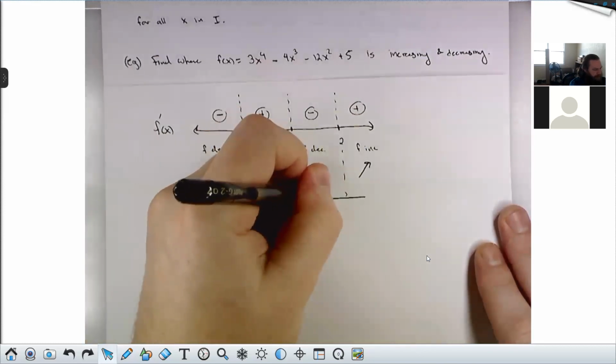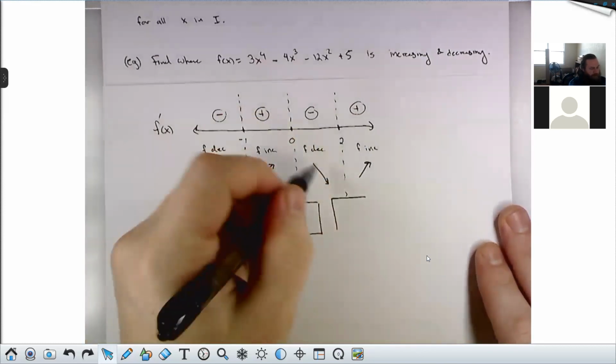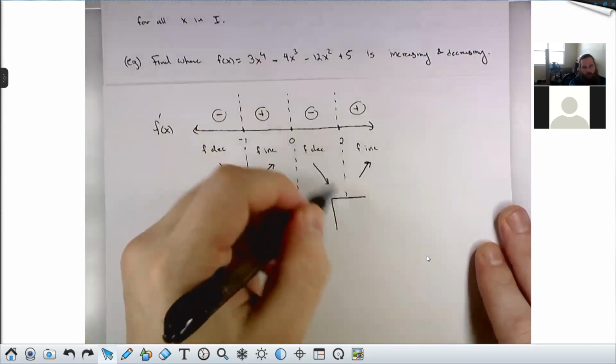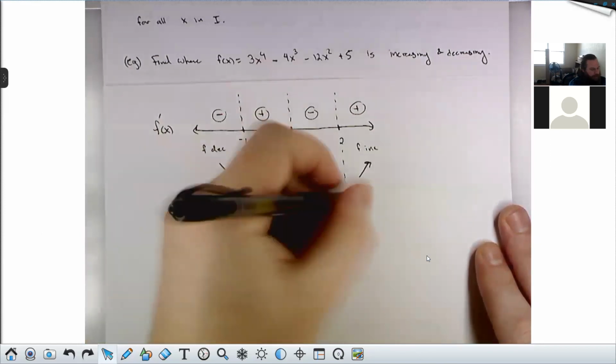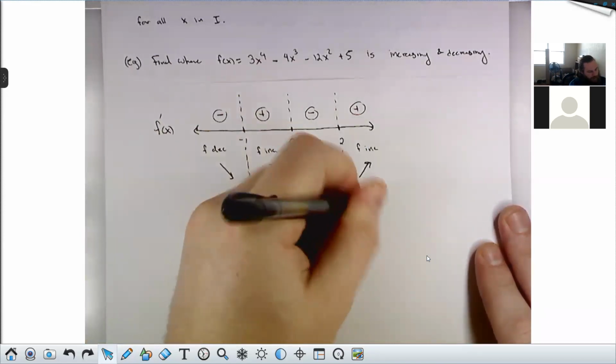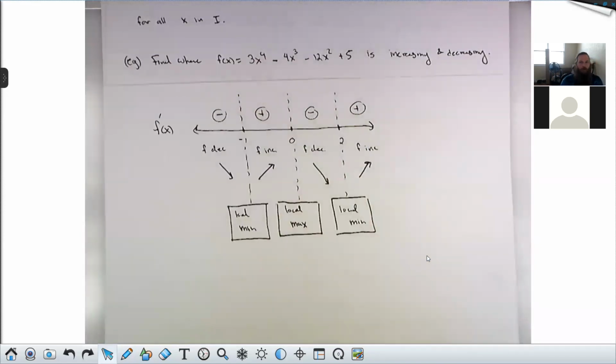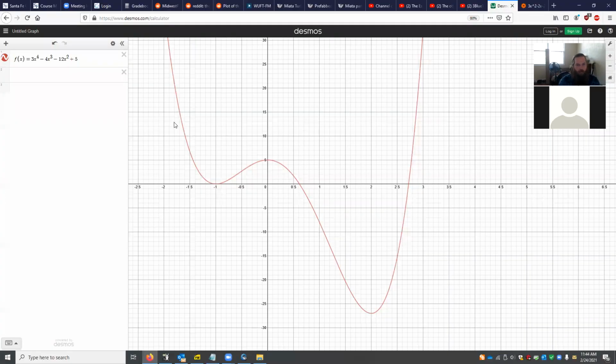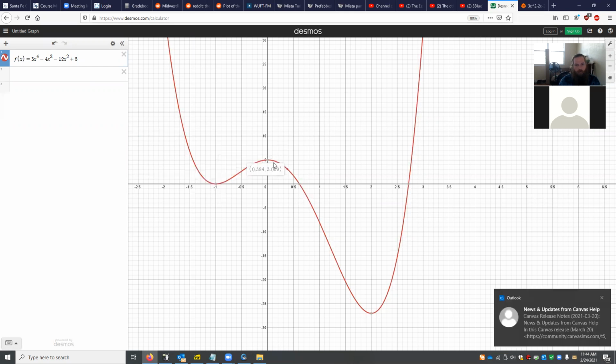And then similarly over here, we go from decreasing to increasing again. That means we had to roll through the bottom of a little valley. This must be another local min. And if you compare this to our graph, you'll see indeed we have a local min, then a local max, then another local min.